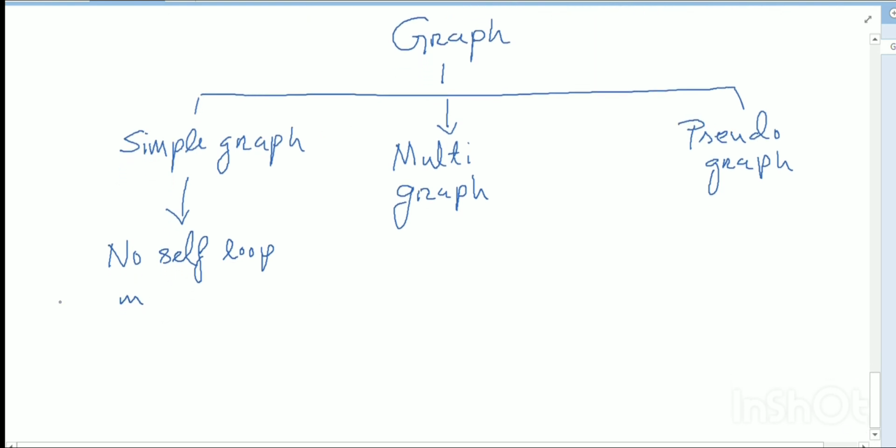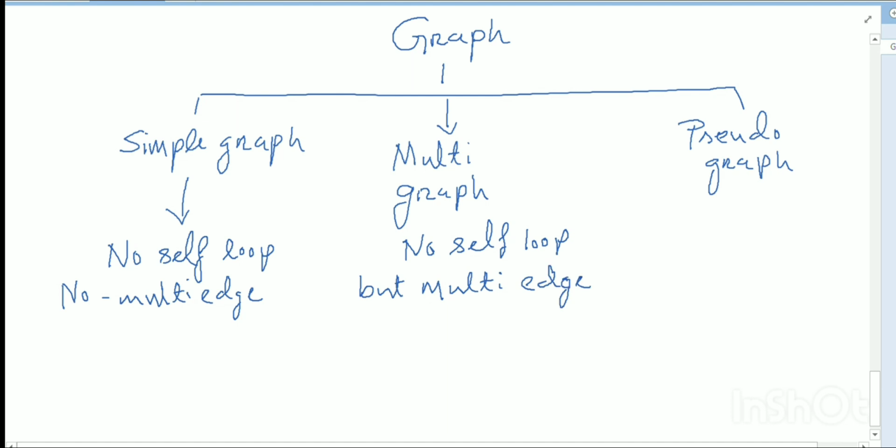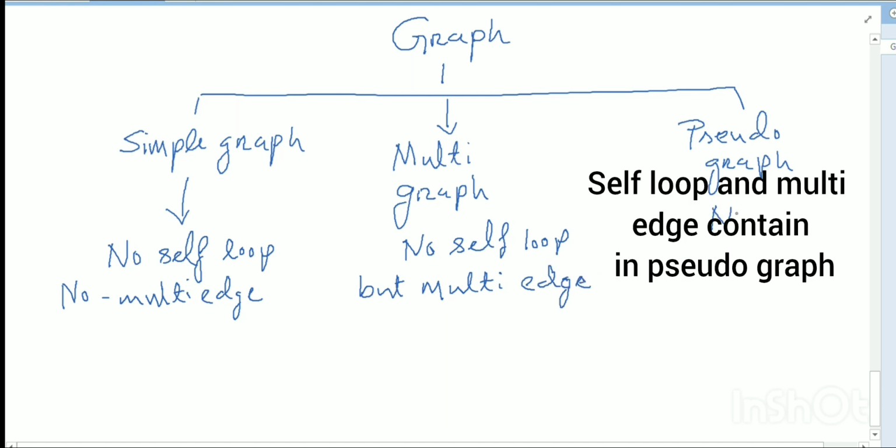Another is multigraph: no self loop but multi edges. And pseudograph contains self loop and multi edge. Okay, pseudograph contains both self loop and multi edge.